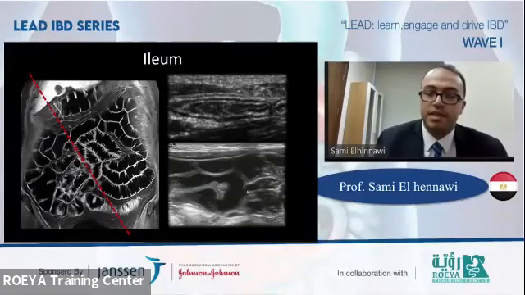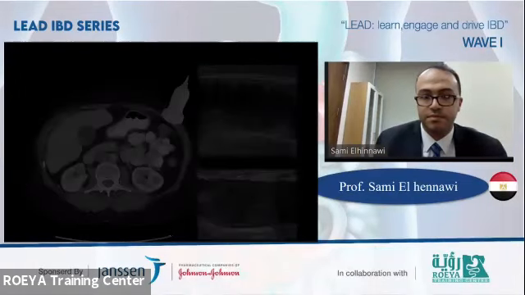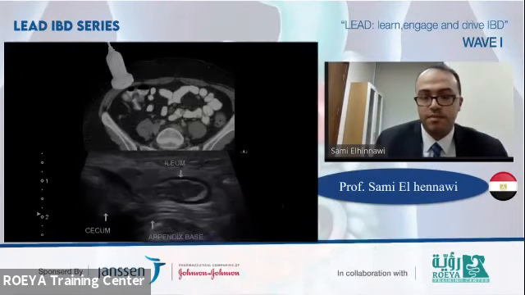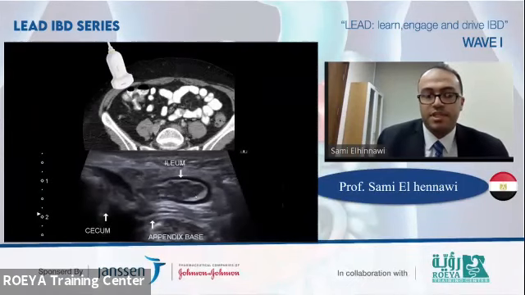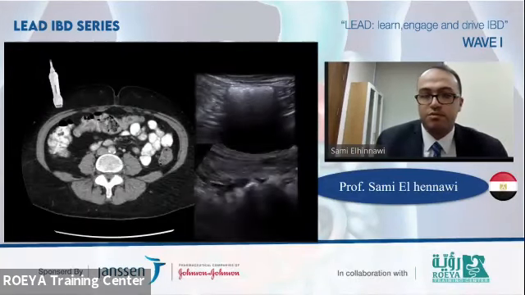And these are ileal loops filled with fluid. That's a normal image of the terminal ileum, the cecum, and the appendix. These are normal images of the colon.